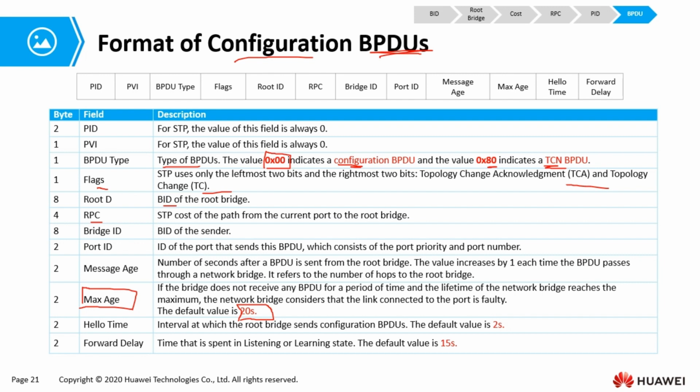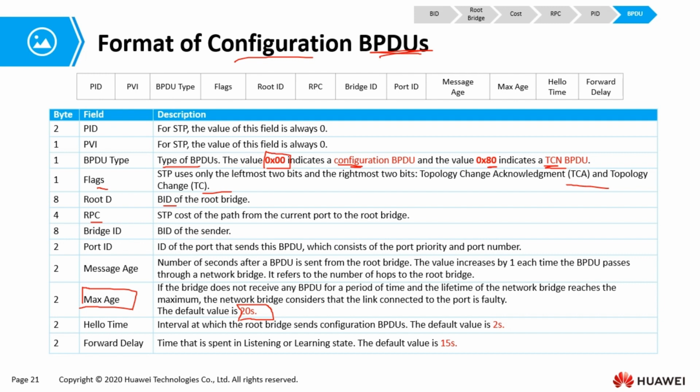If the bridge does not receive any BPDU for a period of time and the lifetime of the network bridge reaches the maximum, the bridge considers that link is down already. So that means we consider it dead. You only wait for the maximum 20 seconds, and then the downstream will trigger the topology change.